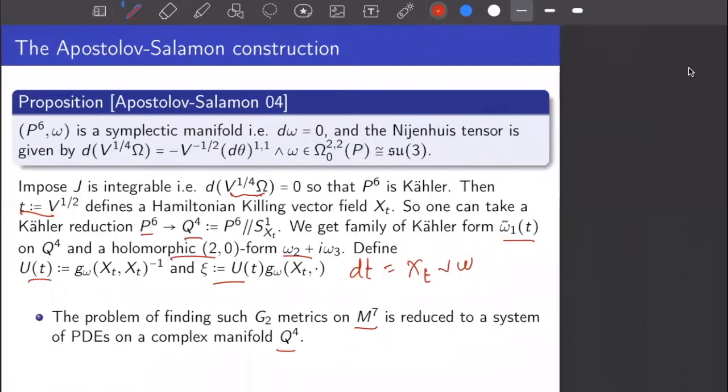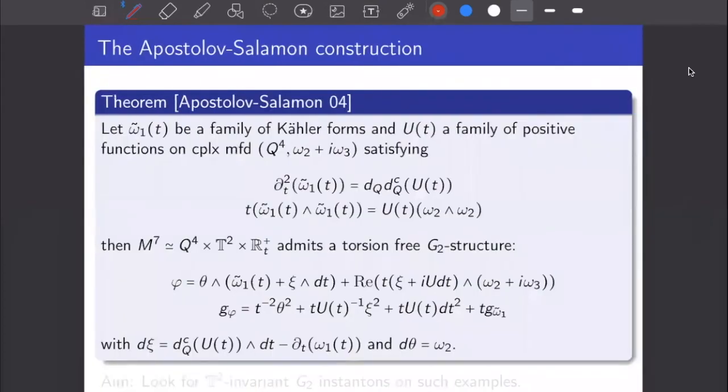So the formal statement is given as follows. This is the Apostolov–Salamon construction. Given a complex 4-manifold Q4 with vanishing first Chern class, so a holomorphic (2,0)-form omega 2 plus i omega 3, if on this manifold we have a 1 parameter family of Kähler forms omega 1 tilde and a family of positive functions u_t here, satisfying the 2 conditions below.